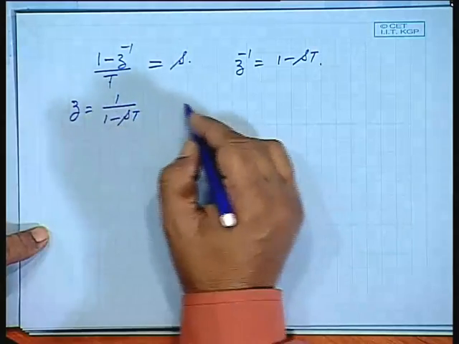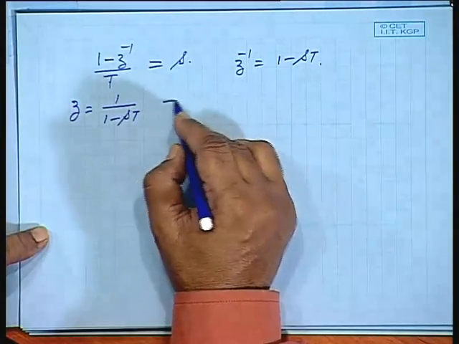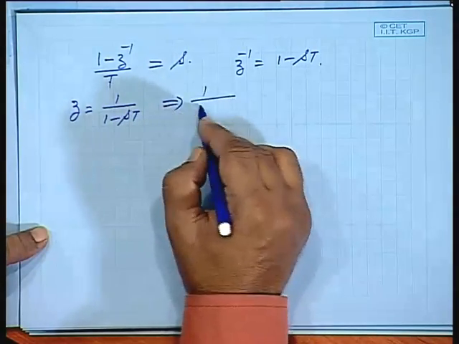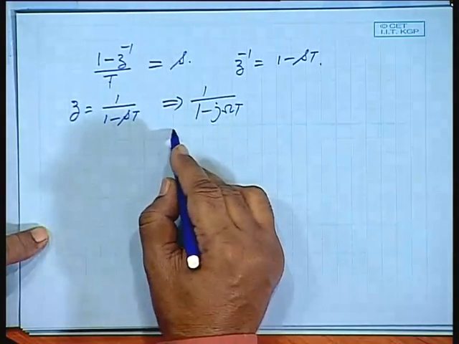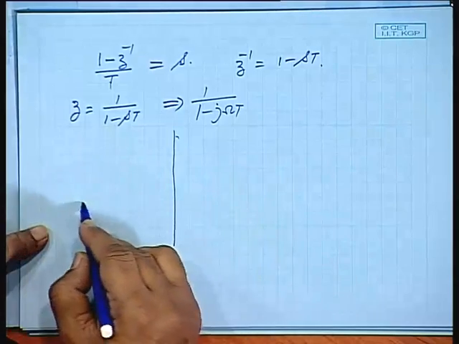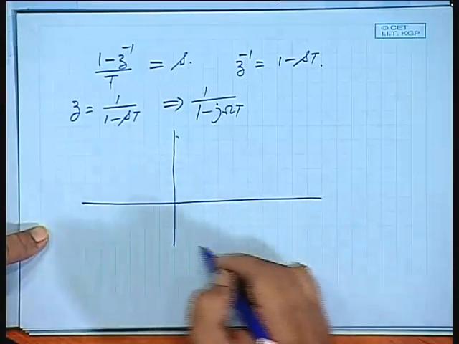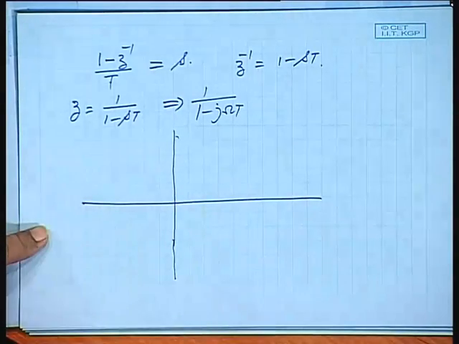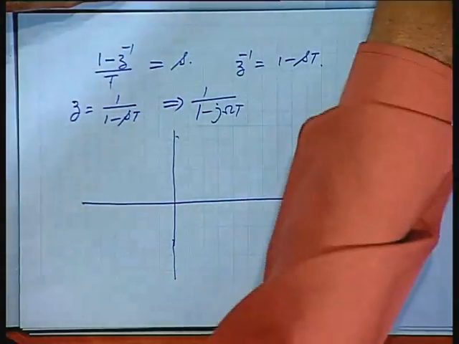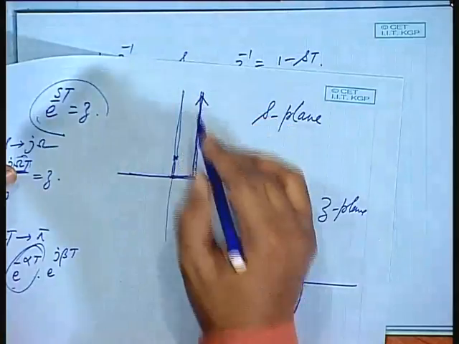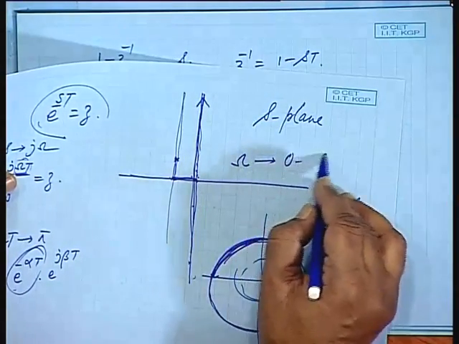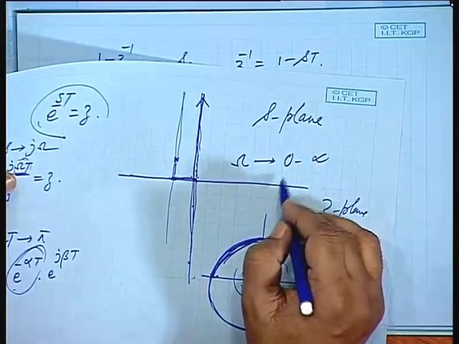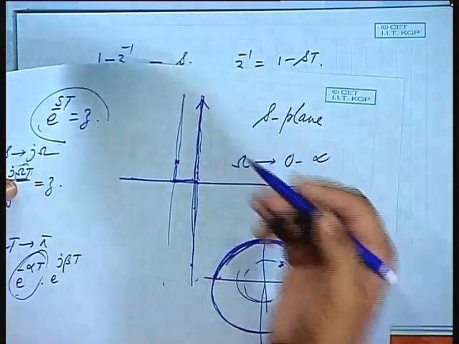So, if I make s equal to j omega, that gives me 1 by 1 minus j omega t. Now, if I now traverse again along this path in the s plane, that means I make omega vary from 0 to infinity or minus infinity to plus infinity.